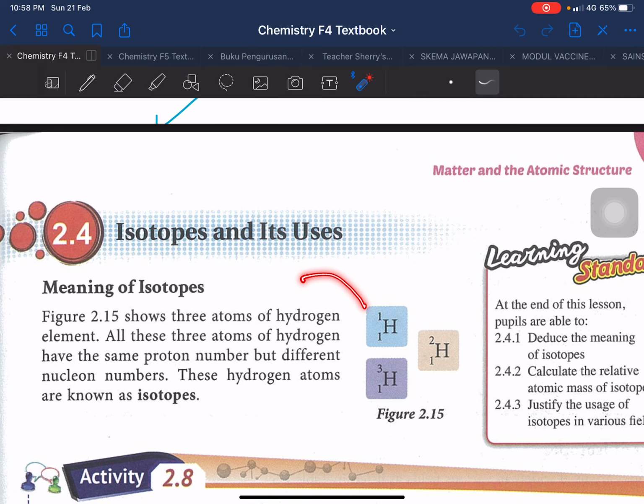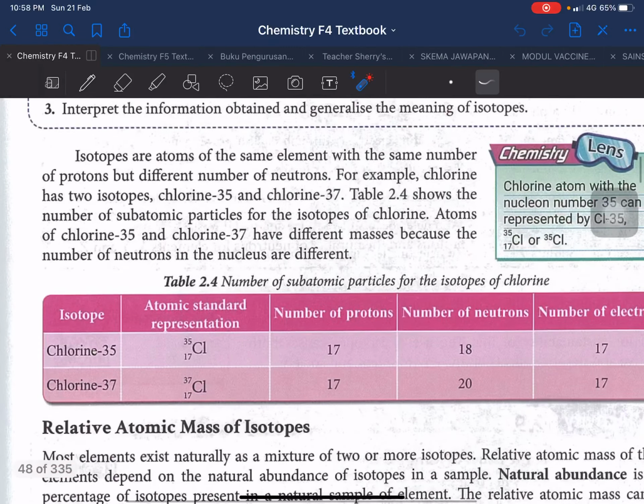So when you see a condition like this, where atoms of the same element have the same proton number but different nucleon numbers, those are called isotopes. Just like twins, okay? Twins, you have the same father's name but you don't have the same name. You and your twin are different.